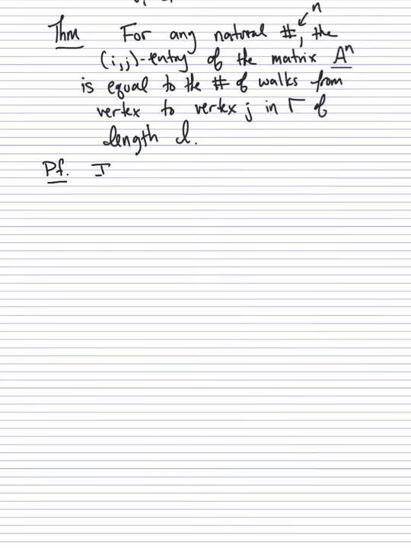So the proof, maybe unsurprisingly, is by induction on n. So for n equals 1, this is clear, right? The ijth entry is the number of edges between, say, Vi and Vj.